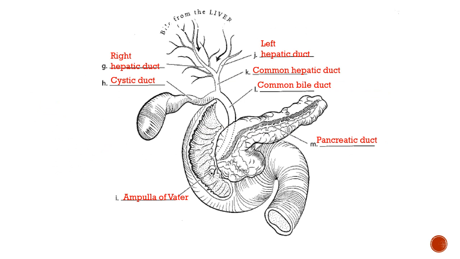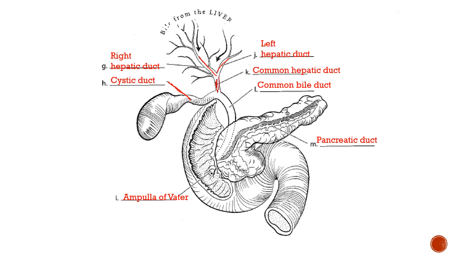Taking a look at the different parts, we have the right hepatic duct and the left hepatic duct that are labeled here. We have the cystic duct, which is coming from the gallbladder, and the two hepatic ducts, the right and the left, come together to form the common hepatic duct.